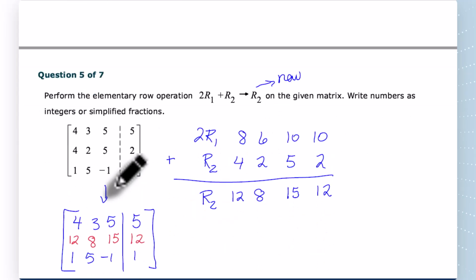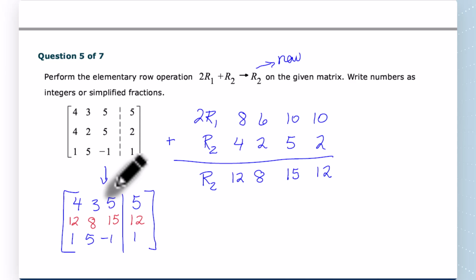All right, let's see question 5 here. We have a bigger matrix. Let's see. I need 2 times row 1. All right, what is that? 2 times 4, 2 times 3, 2 times 5, 2 times 5. And that's what I get there. I'm adding in row 2. All right, so 4, 2, 5, 2.